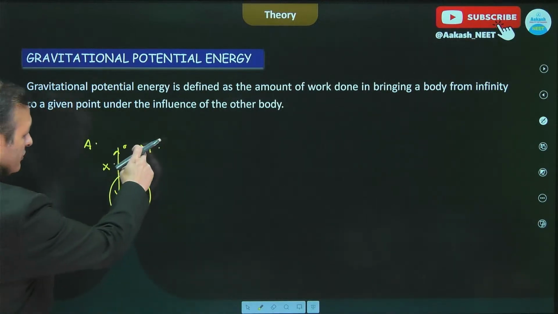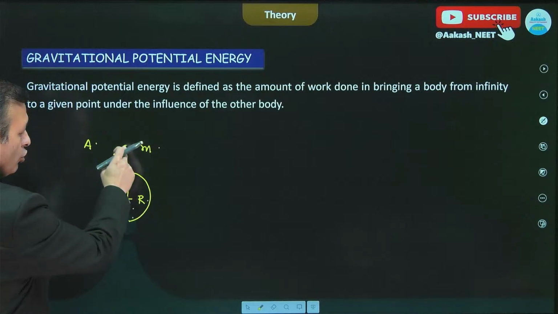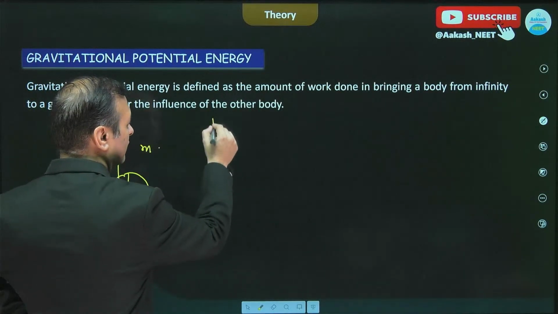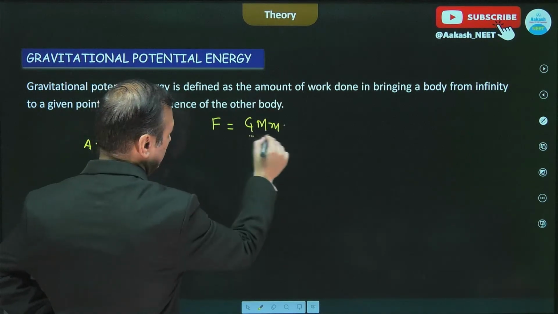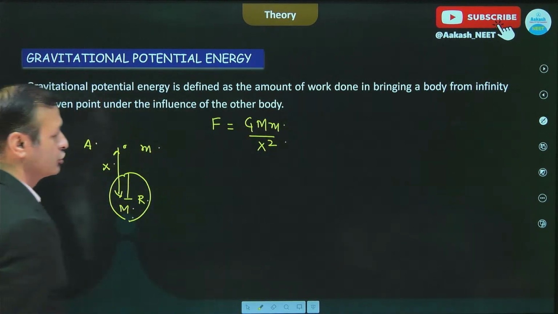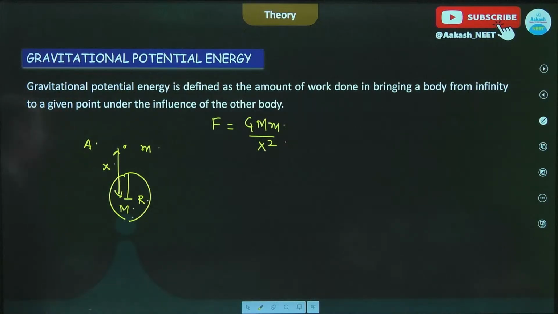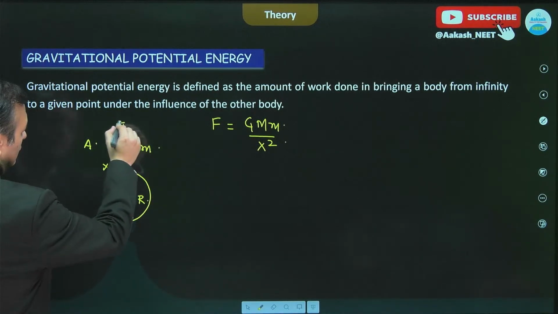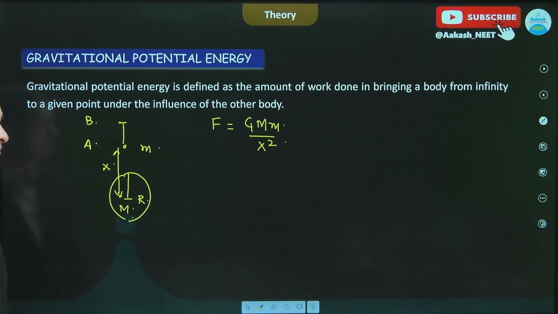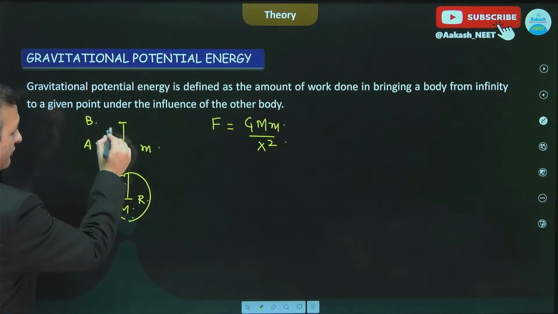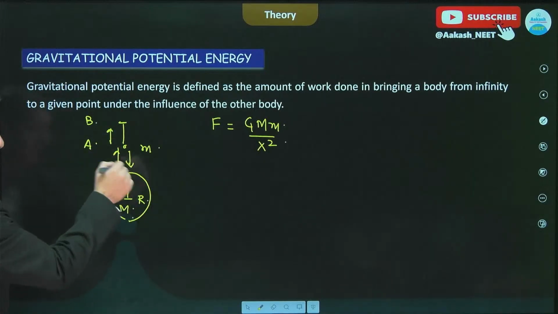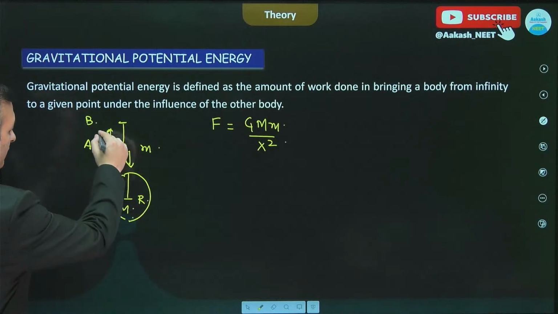So what is the force between these two masses, small m and M? And this force is GMm by x square. You got it or not? Now you take this to another point, maybe B. So external force is there, force of gravity is there, that is downward. So you are taking the body against the force of gravity with the help of some external force.